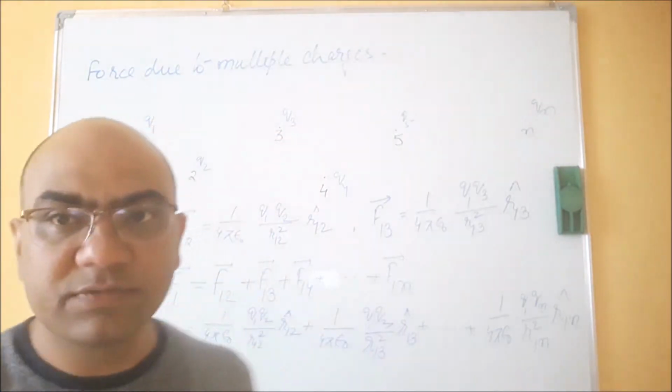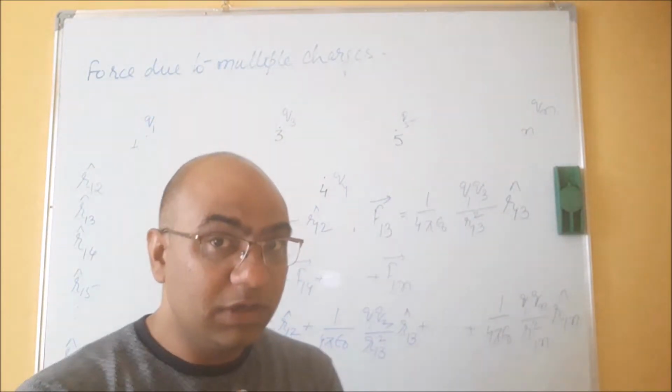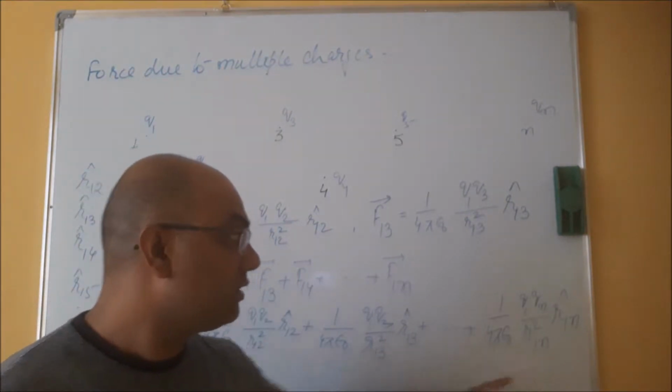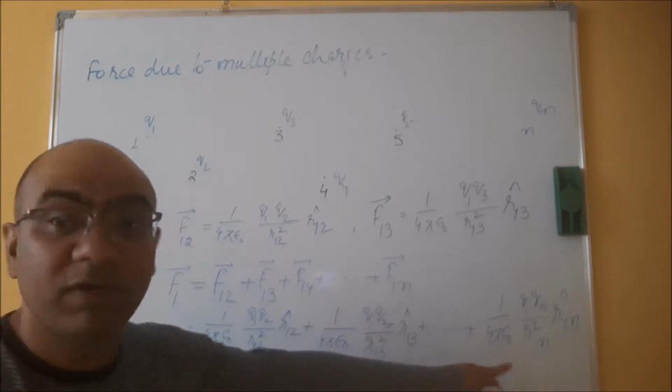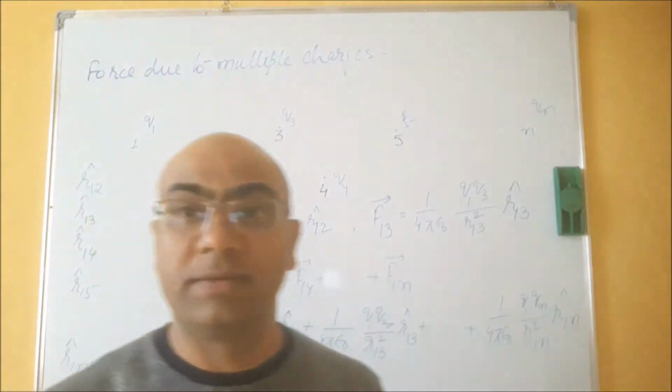Right? This is fine. Now you see in the whole expression, 1 upon 4 pi epsilon naught and q1 are always common.